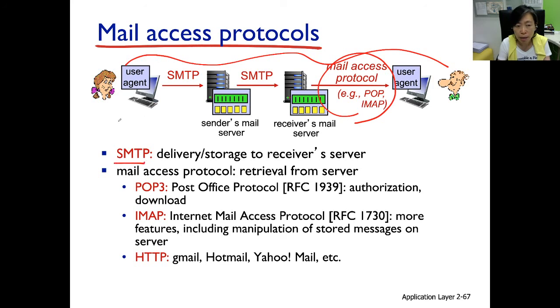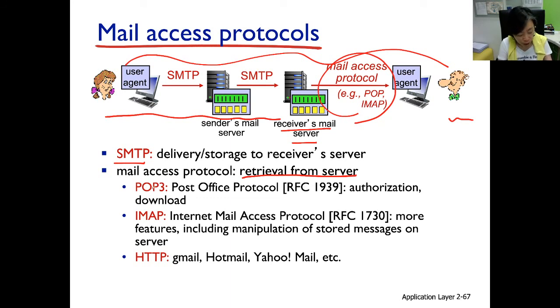SMTP that we talked about earlier only covers email exchange to the receiver's mail server. Between the receiver's mail server and the actual receiver, it's this protocol that's in control. What it does is allow the receiver to retrieve email from its local server.